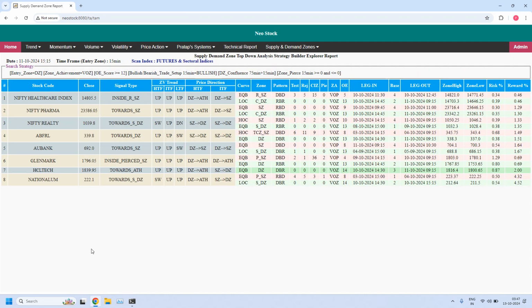So all these 8 stocks are having ITF confluence, because the 15 minute zone is part of the 75 minute zone and the 75 minutes trend is up. If these 75 minutes demand zones are having daily EMA confluence, they are high probability setups.